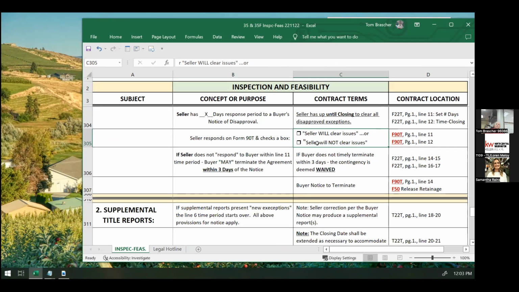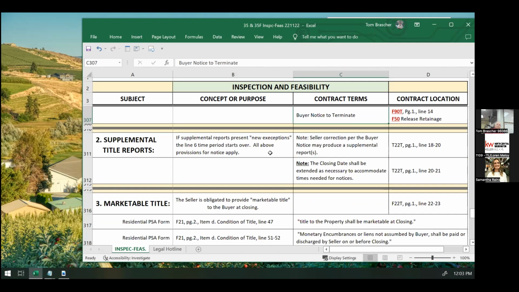Now, the interesting thing with this is that if the seller does not respond to the buyer within the line 11 time period, the buyer may terminate the agreement within 3 days of this notice. So they have a time clock on it. If they wait till day 4, they have to go forward and close. Now, if the buyer does not timely terminate within 3 days, the contingency is deemed waived. The buyer notice to terminate is the 90T with the Form 50.